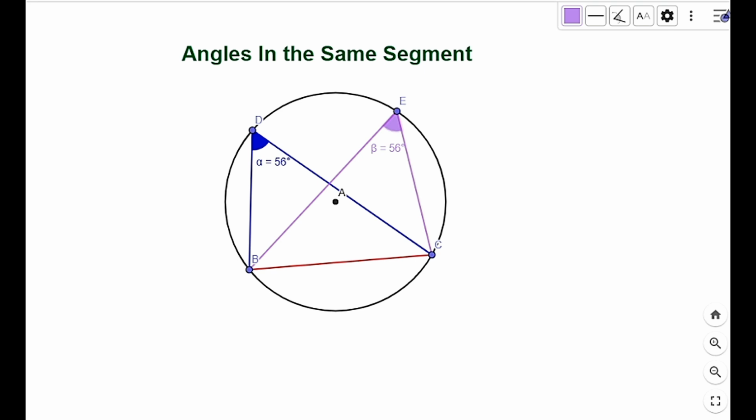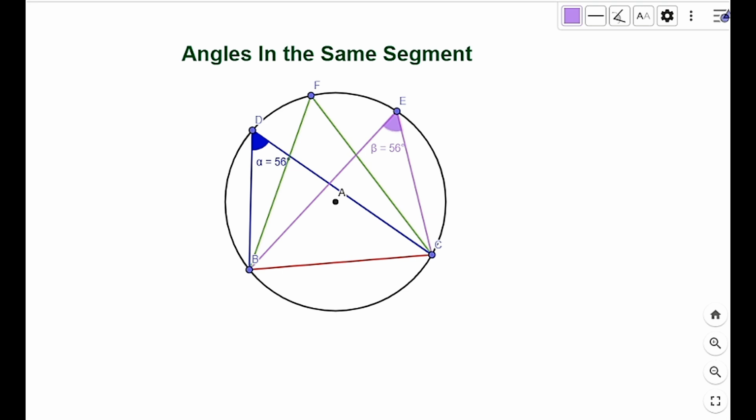We can check it by taking another point, and for this we take a point F, and now join the point F again to point B and C. So BF and CF.